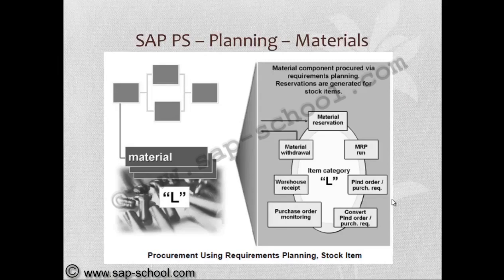Looking at the stock availability and requirement, the purchase orders will be automatically generated, or planned orders will be generated. Those will be converted to purchase orders. Then the material receipt in the warehouse, and the material withdrawal from the stores for the job.